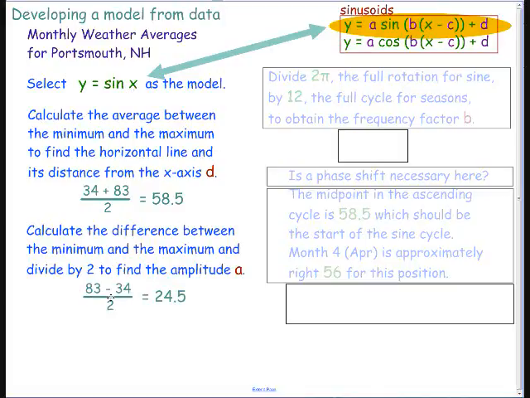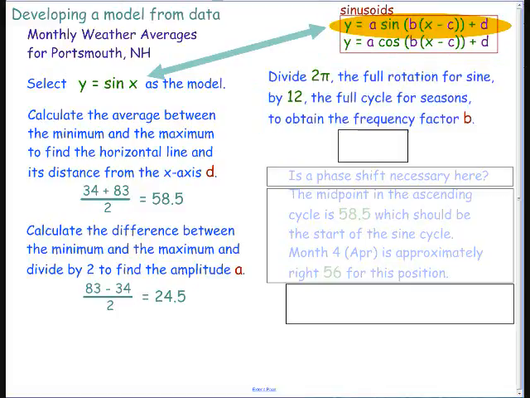So we find the total distance from the valley to the peak, divide it in half, and we have our amplitude. Now we have to consider what is the frequency here. We're going to divide 2 pi, the full rotation for sine, by 12, the full cycle for seasons, and we'll get our frequency factor. You can already tell me what it is, can't you? That's right, pi over 6.